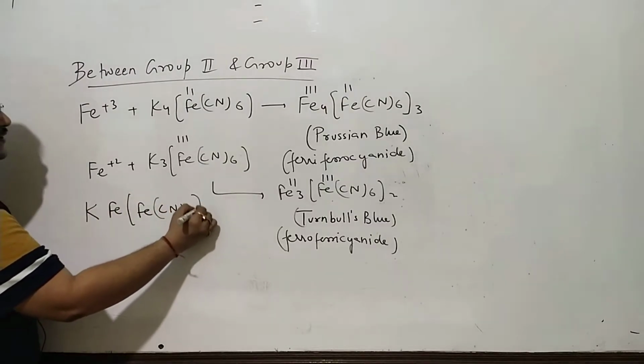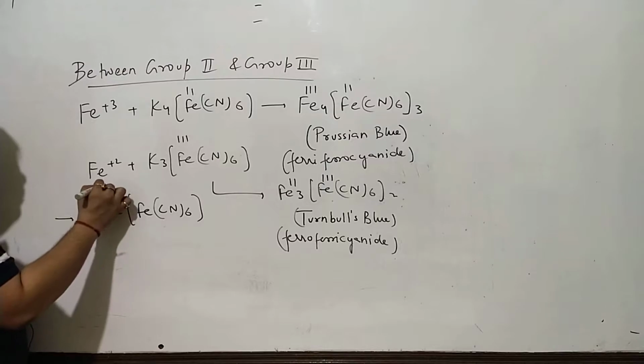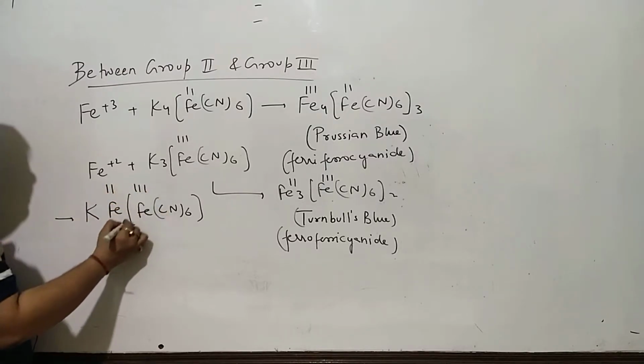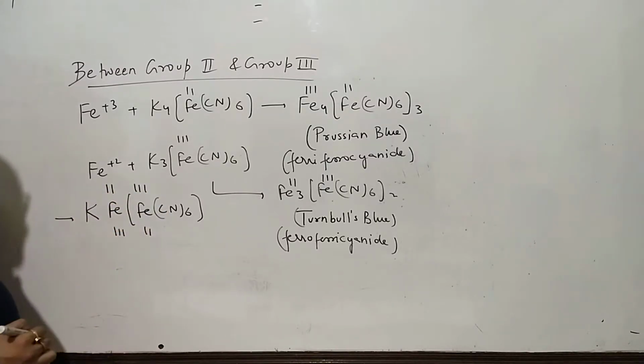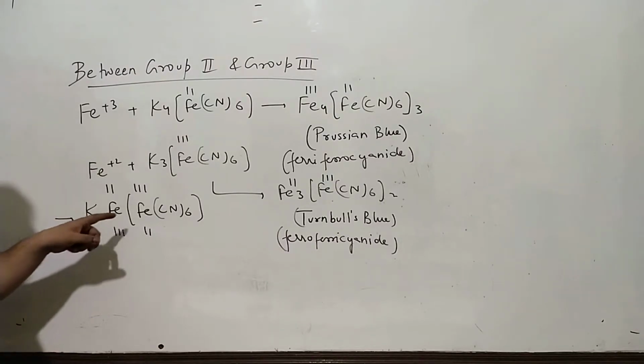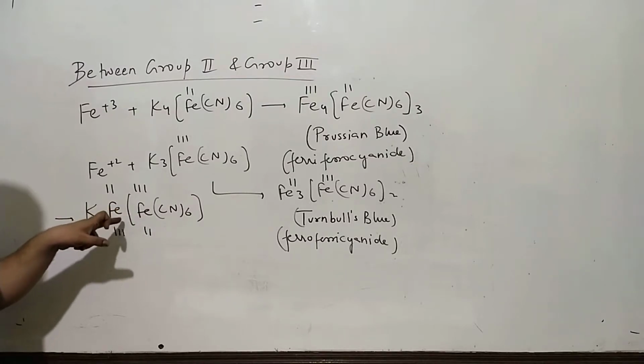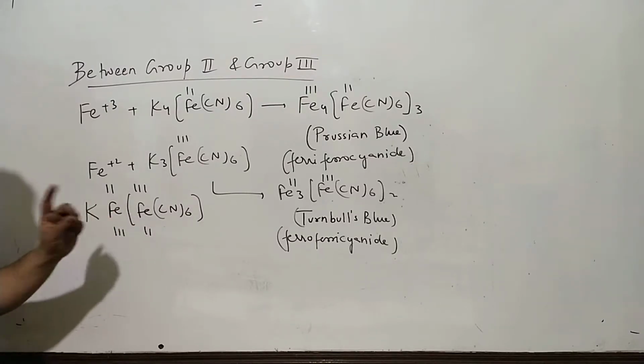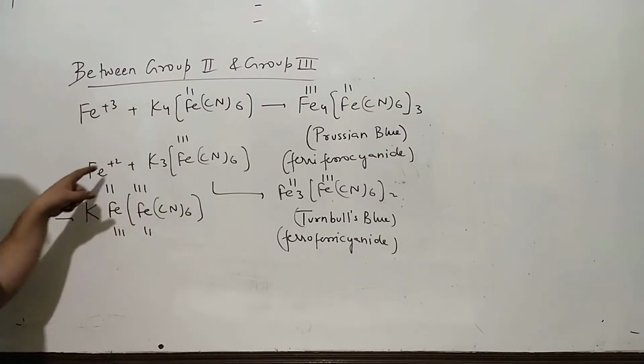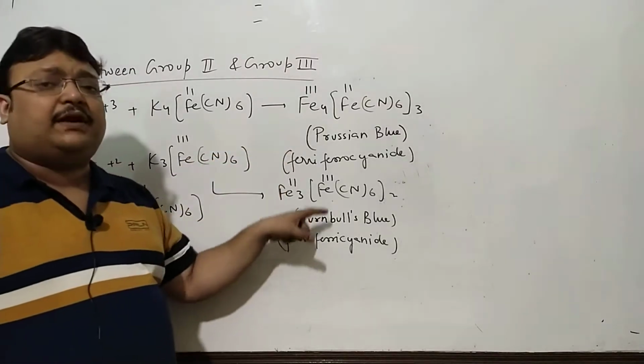Now this is the new formula. You can call it ferroferricyanide or ferriferrocyanide. You go about balancing by oxidation number. This will be -6 plus 1, so these together will be +5. Ferroferri or ferriferro, this is the common formula by which both of them can be represented.